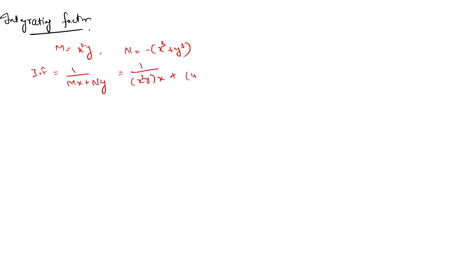Now see what the value of M is. Our M is x²y and our N is x³ plus y³. Now its integrating factor would be 1 over Mx plus Ny. It means 1 over x²y into x minus x³ plus y³ multiplied with y.